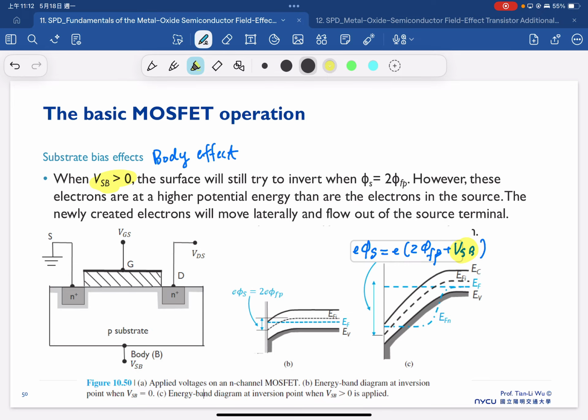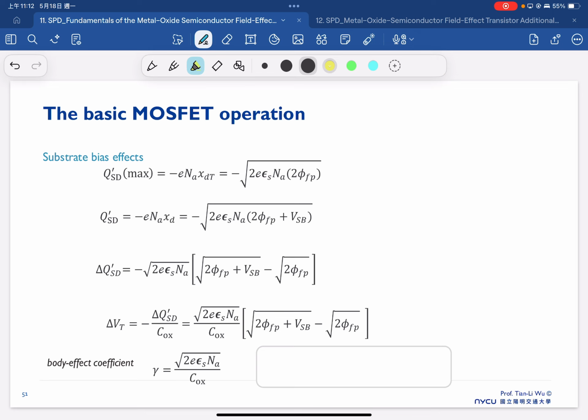So therefore, this influence on the surface potential for sure will also influence our threshold voltage. You can see from this slide, originally we only take into account the 2 phi F here. But now we have to consider 2 phi F plus the VSB, and therefore the delta threshold voltage will be equal to this minus this. So it's the main difference between the one without substrate bias and the one with substrate bias.